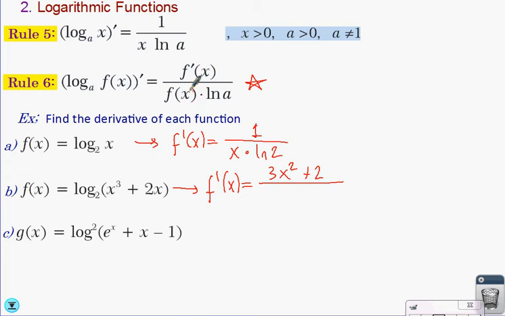In the denominator part, the same function as it is, which is x cubed plus 2x, then times ln of the given base, which is number 2, base 2. So now guys, try to solve this example on your own. Pause the video, try to solve it.